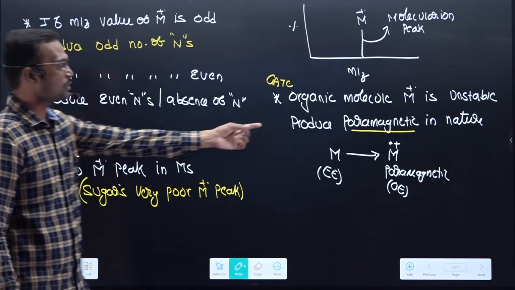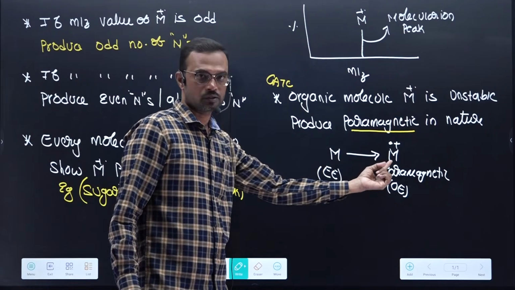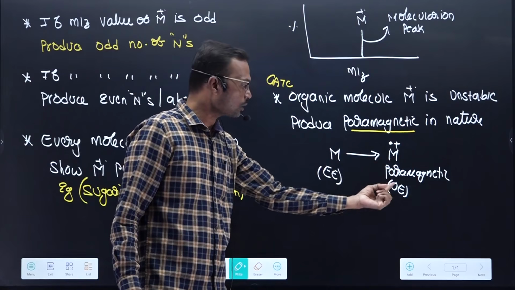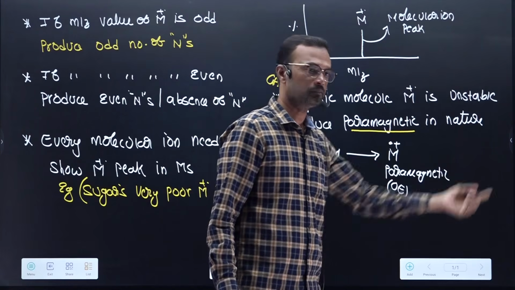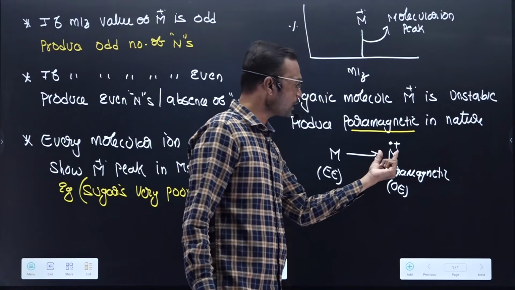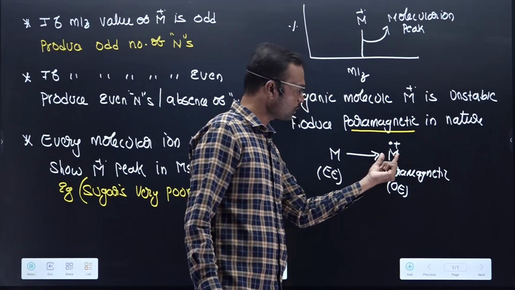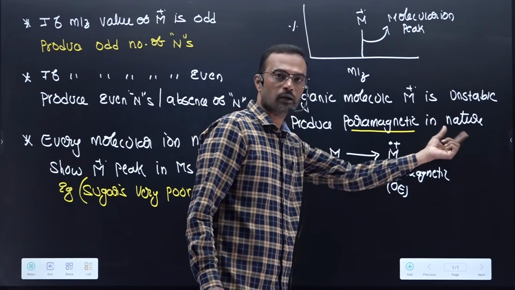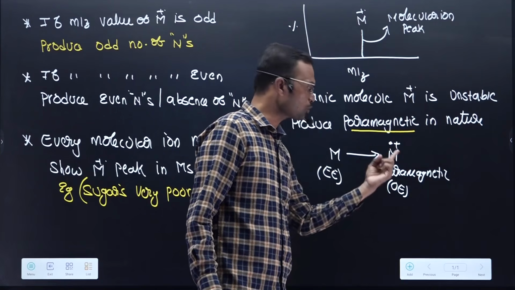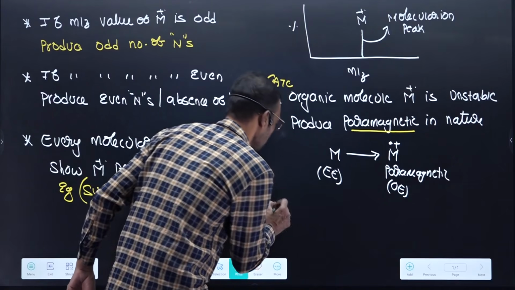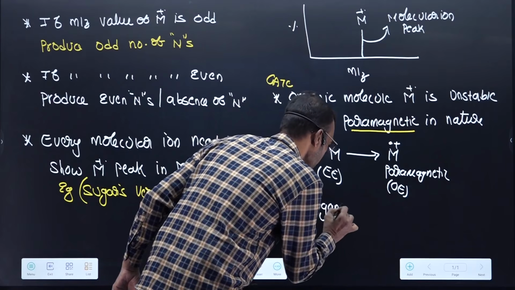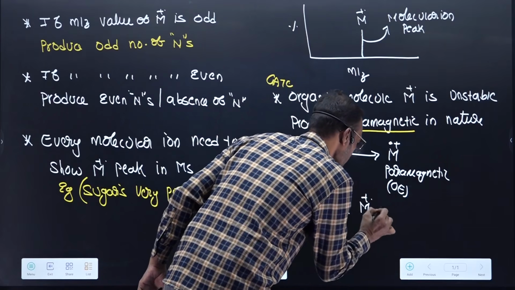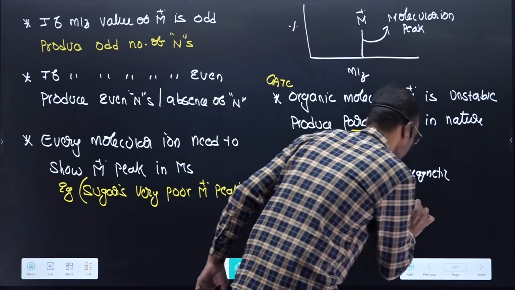Organic molecular ions are odd electron species, unstable, and undergo fragmentation rapidly. It is paramagnetic due to one unpaired electron. And finally, inorganic molecular ions are diamagnetic in nature.